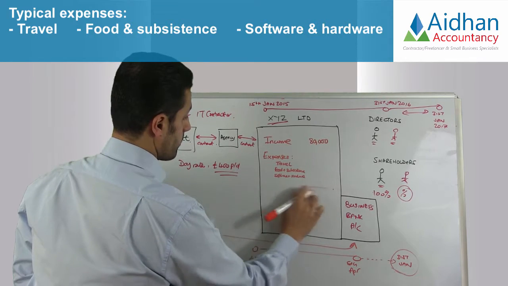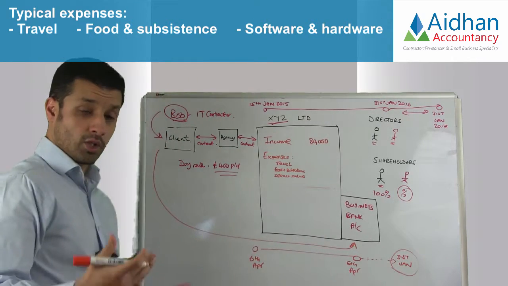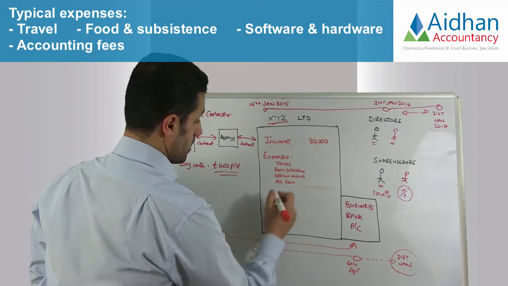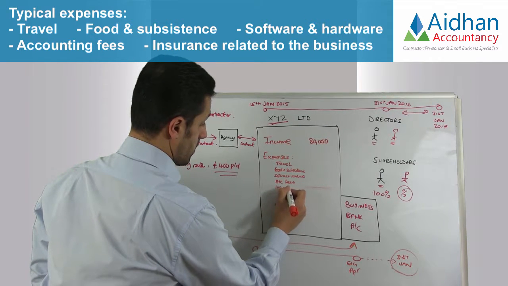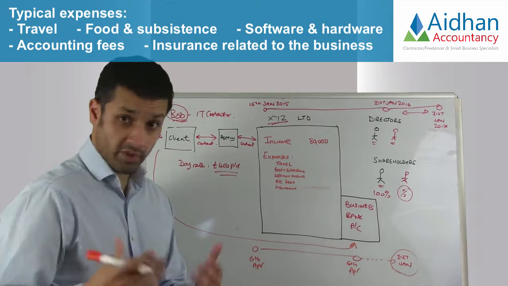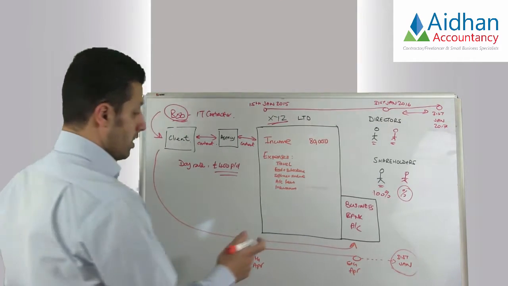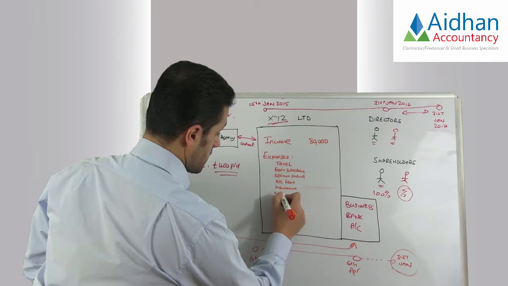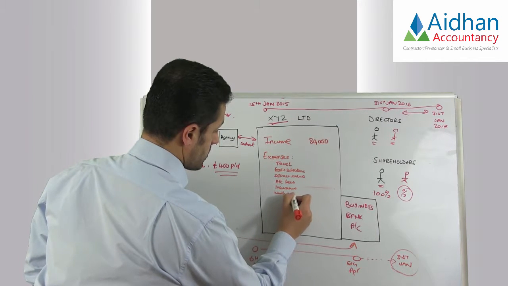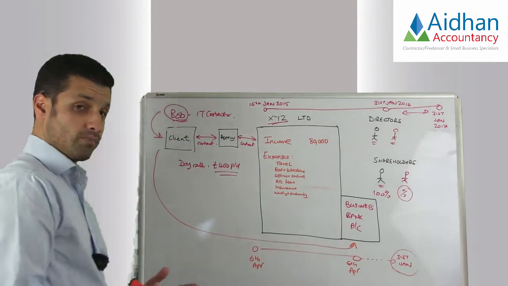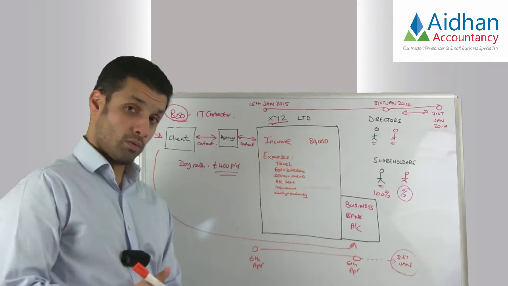If you decide to engage an accountant, the accounting fees are tax deductible. Then there's any insurance related to the business, such as professional indemnity or public liability. Generally speaking, any expense that is wholly and exclusively for the purpose of your business becomes an allowable expense.